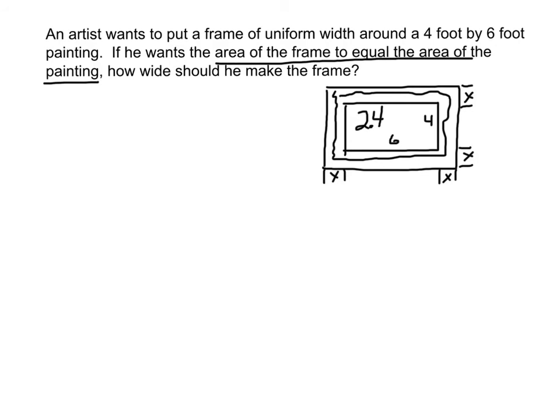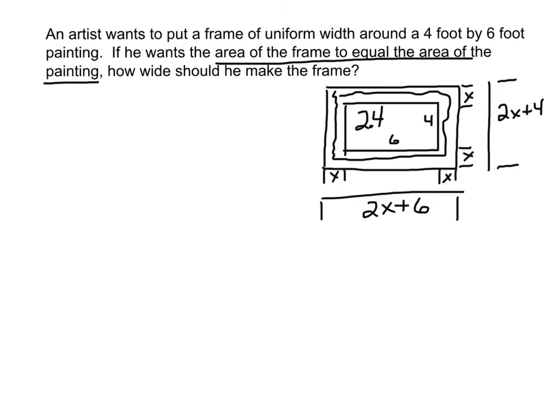Or in other words, he wants the entire area, this multiplied by this, to be 48 square feet, because he wants both to be 24. So I need to know, well, what's the distance from here to here? Well, the width of this is 2x plus 4. The distance from here to here is 2x plus 6.